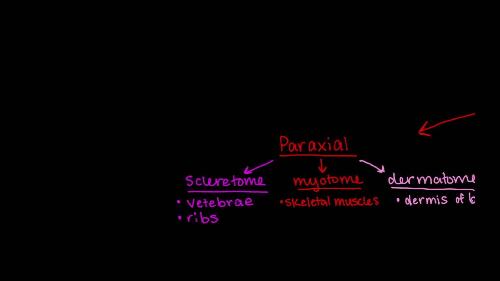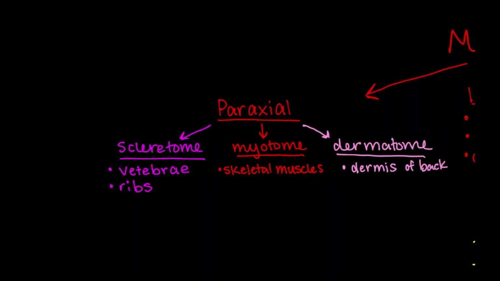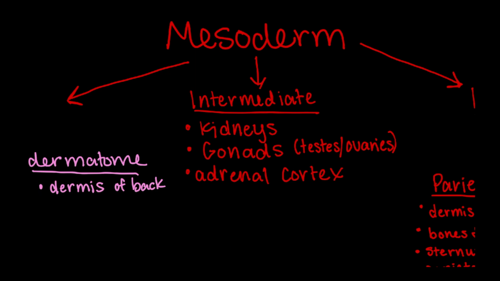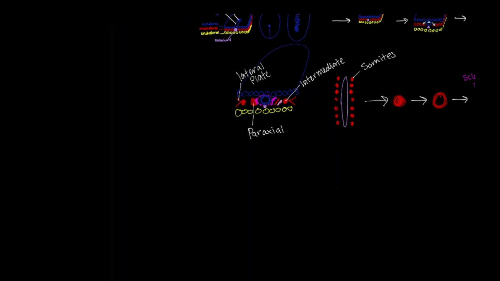So let's summarize paraxial mesoderm. So sclerotome, vertebra and ribs, myotome, skeletal muscles, and the dermatome will form the dermis and the back. The intermediate mesoderm will form the kidneys and the gonads, which are the testes and ovaries, as well as the adrenal cortex.